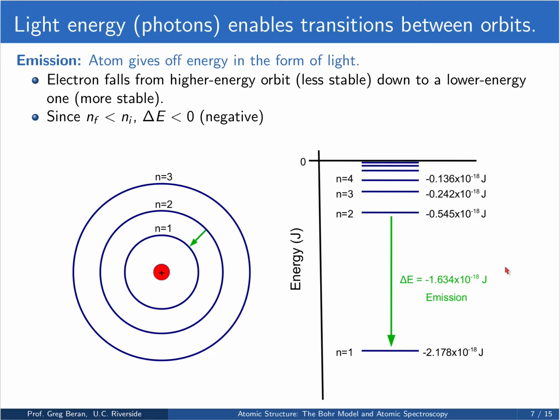In doing so, we must give off this amount of energy, again corresponding to the energy difference between these two states. That energy difference is negative because the energy is leaving the system, and the photon of light being emitted will have the energy content associated with this delta E.